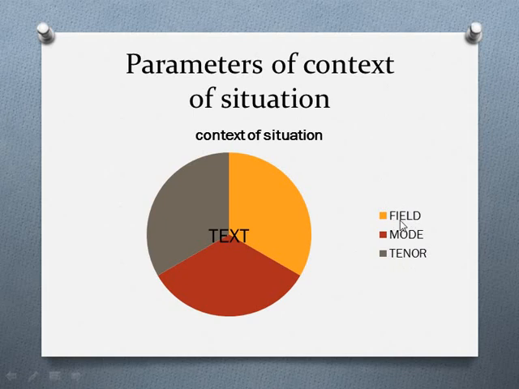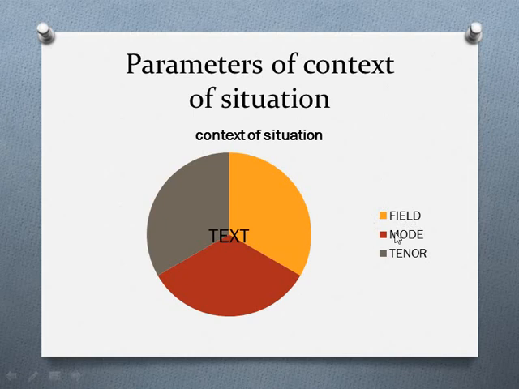So if you find the word field here, it doesn't mean sawah or lapangan, no. And when we talk about mode, it's not about model or something like that, but we have to check the dictionary of linguistics, because here, when we talk about the field of a text, field is what the text is about.